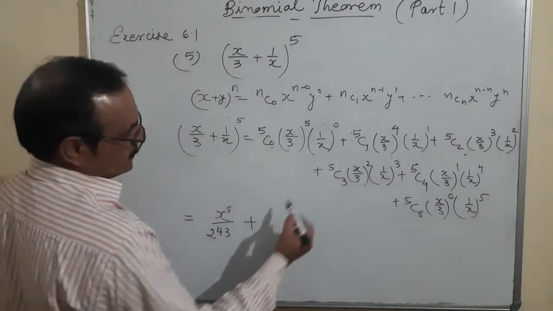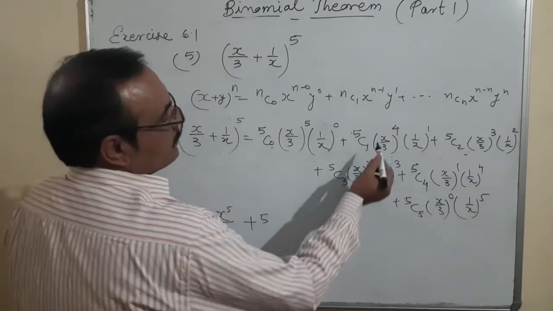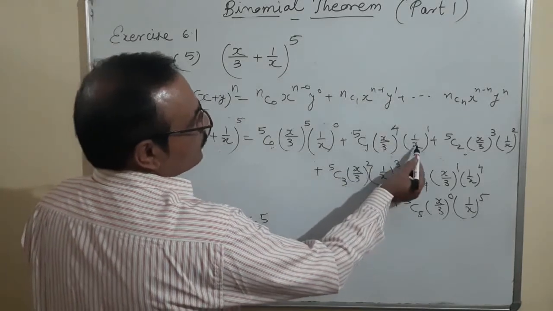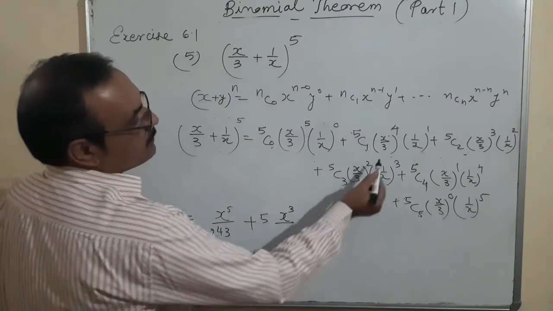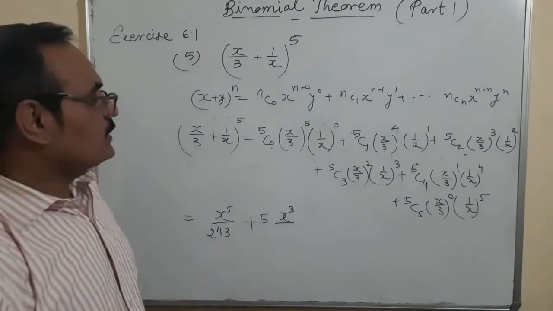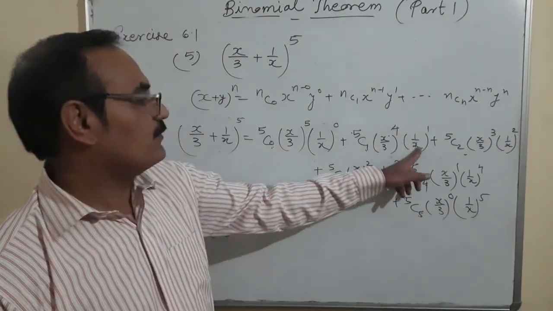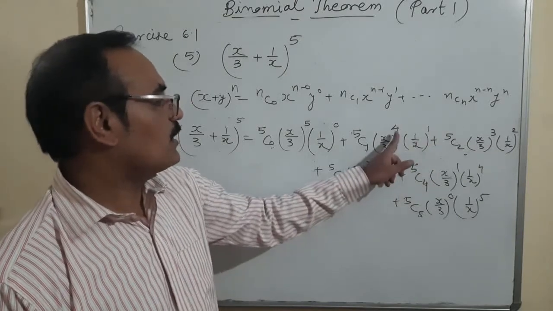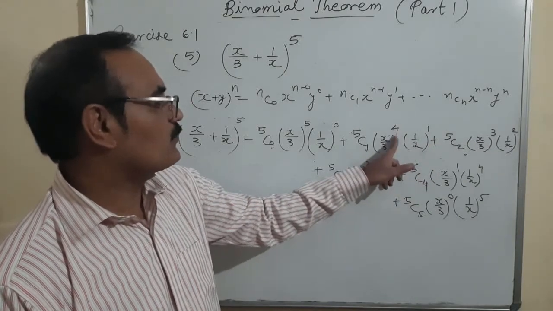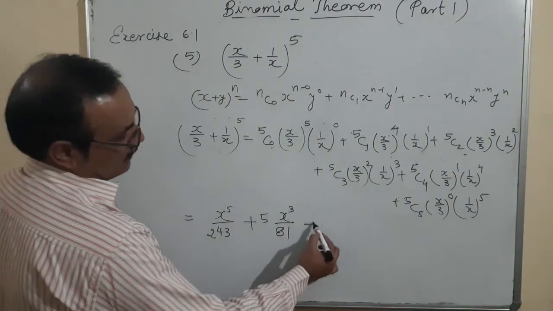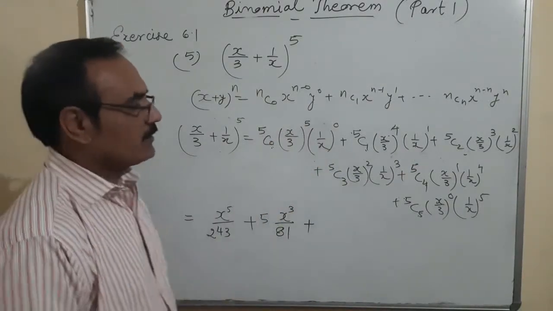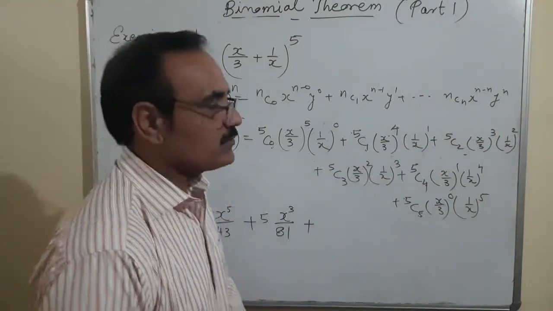5C1, the value is 5, x to the power 4 and 1 upon x cancel, x to the power 3 upon again 3 to the power 4. So 3 3s are 9, 9 9s are 81. Plus all signs are positive here. 5C2, the result is 10.